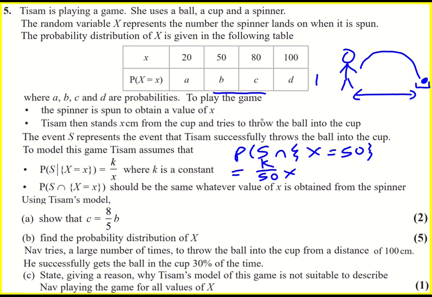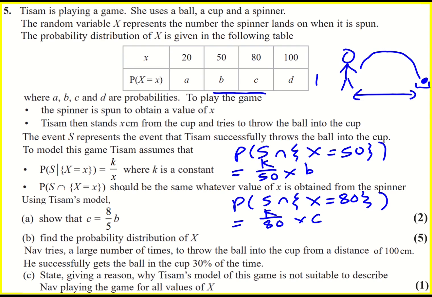And the probability of getting 50 is b. Meanwhile, the probability of scoring and getting x equals 80 is going to be k over 80 for scoring times c for actually getting 80. So I'm timesing those two together.